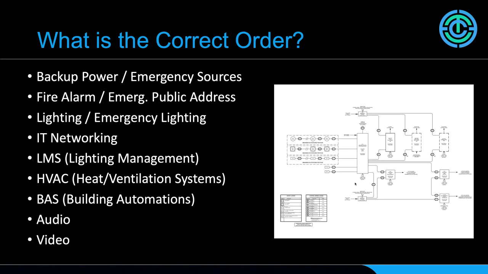The fire alarm systems and emergency public address would be the next thing that I would talk about. The first items of backup power and emergency sources are usually an automated transfer system. Again, we'll delve into that a little bit. But the fire alarm systems and emergency public address are subsystems that are triggered on their own, and we want to take notification for those.